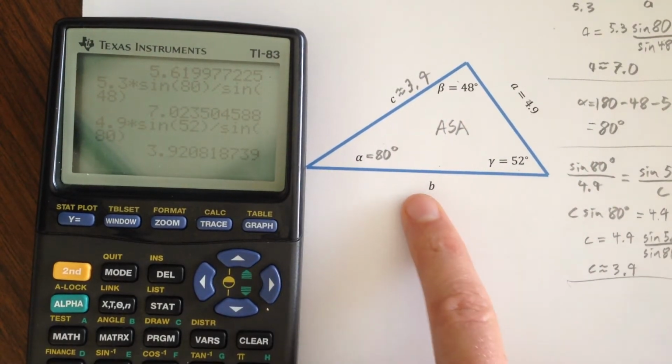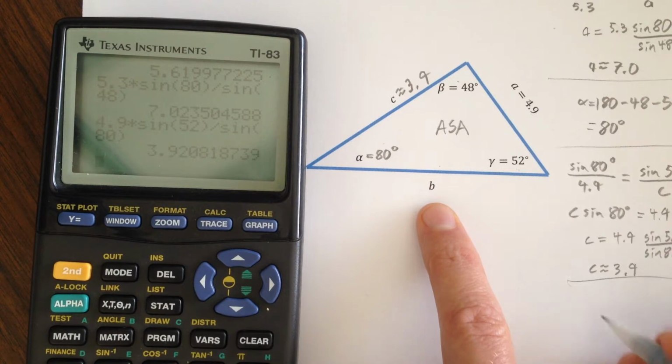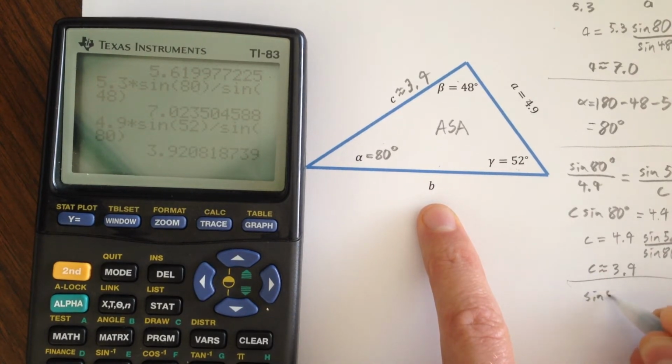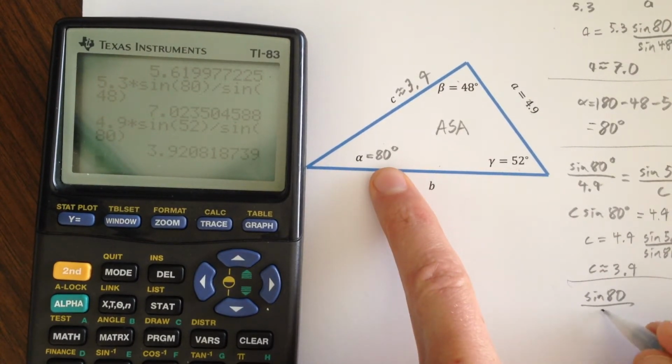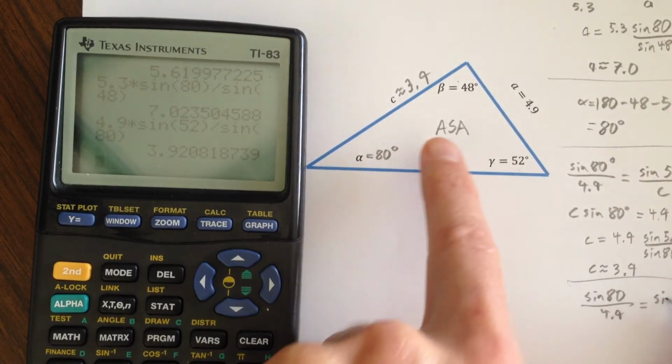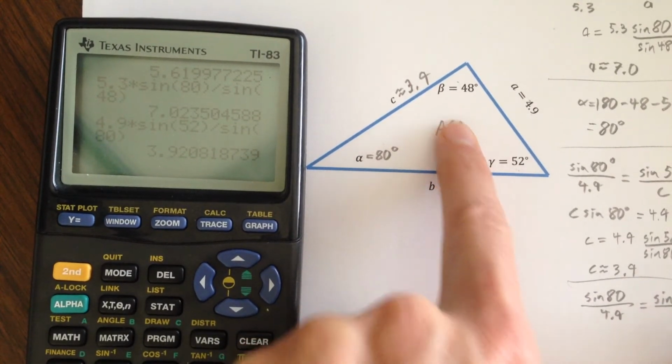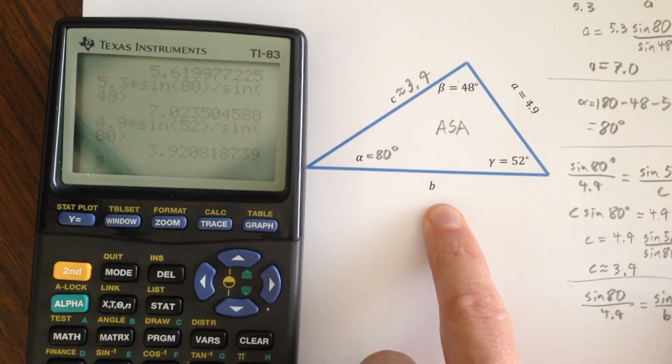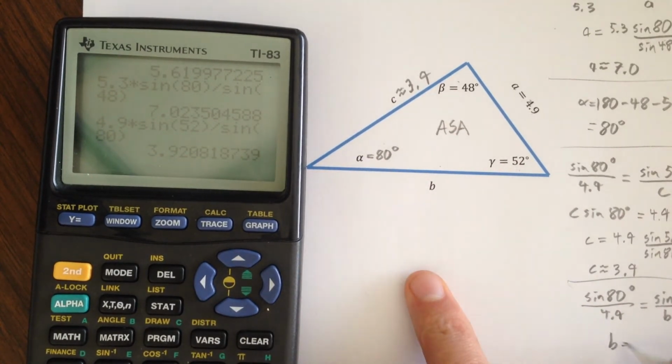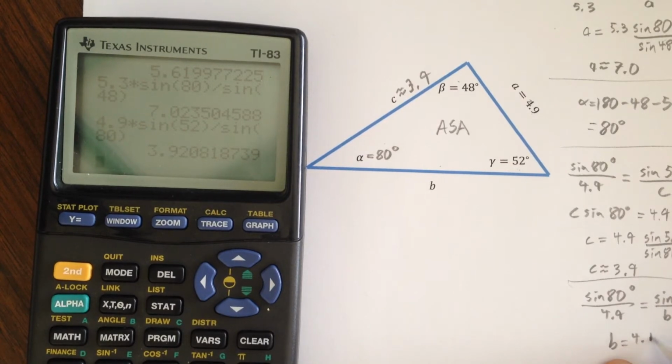One side left to go. How am I going to get this side? Well, I'll take sine 80 over 4.9 equals sine 48 over B. Solving for B gives me B equals 4.9 sine 48 degrees over sine 80 degrees.